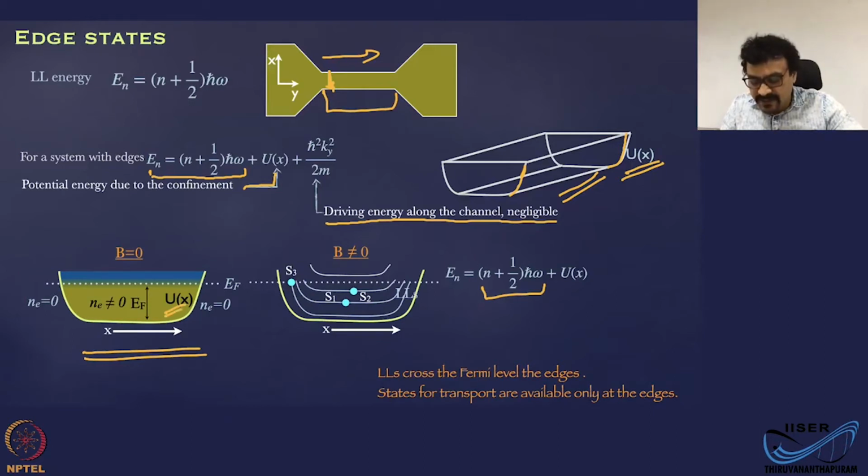But as you move towards the well, this term is going to pick up, so it also gets added to the energy. All these Landau levels will go up in energy. It will follow the edge of the sample. Now the Fermi level, which is defined by the voltages that you apply, is not going to change; it will be fixed. So these Landau levels will go up and cross the Fermi level only at the edges in this specific situation.